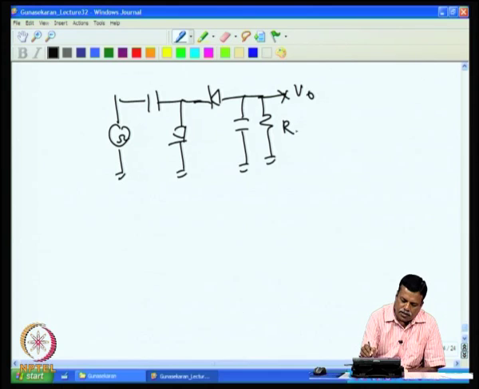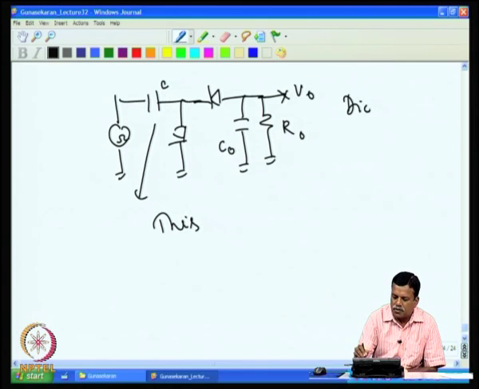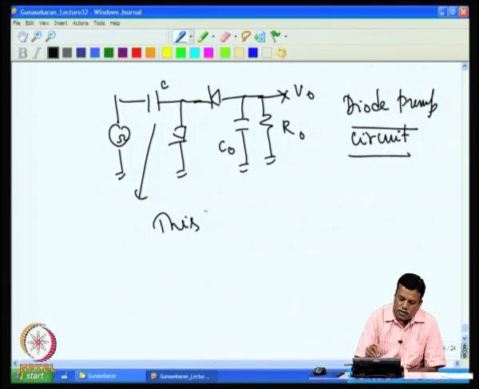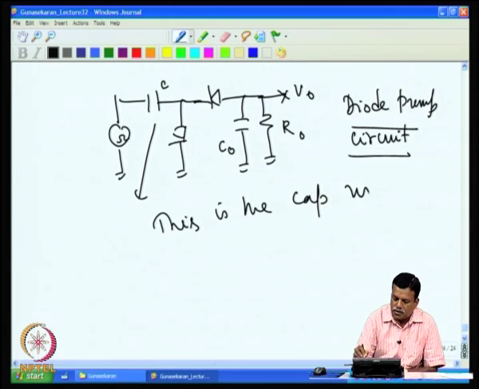You have a resistance here and the capacitor, and this is the capacitor under measurement. This is a diode pump circuit.